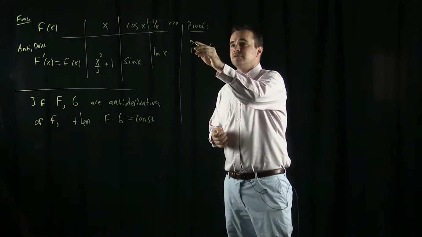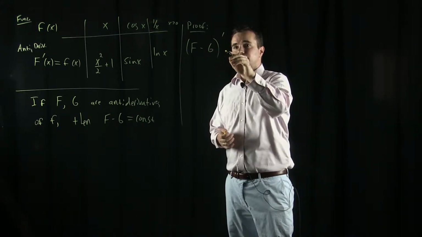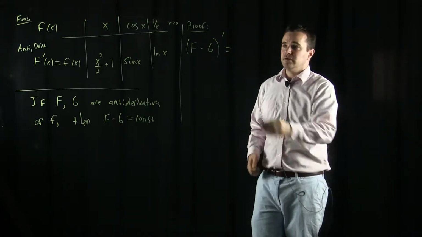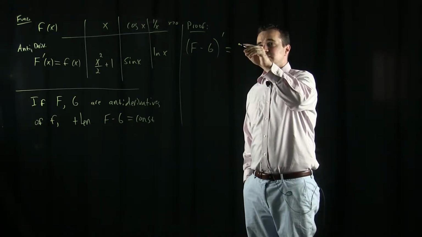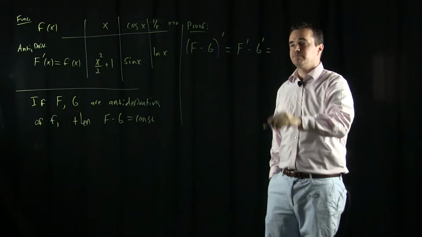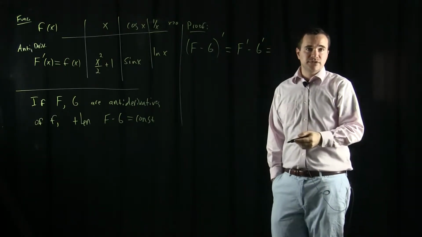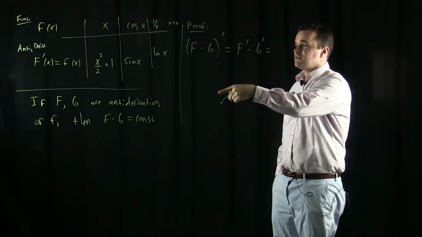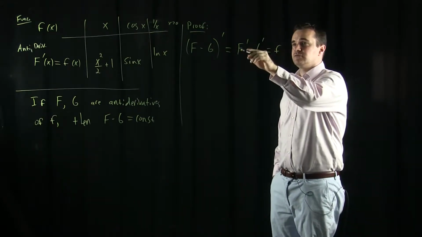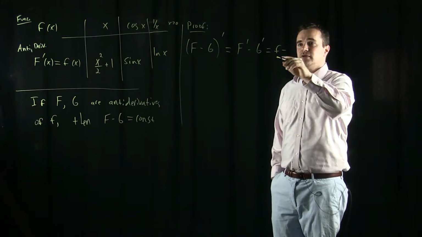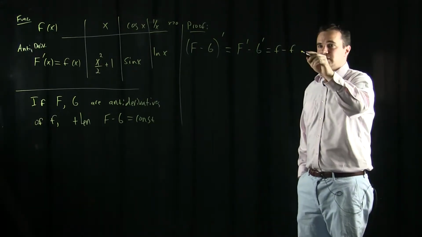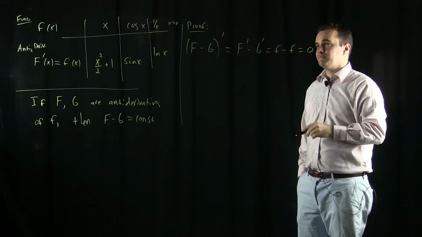Let's take the derivative. Using linearity of the derivative, I can break this up over the minus sign. This is equal to the derivative of capital F minus the derivative of capital G. My assumption is that these are antiderivatives for the same function f, so the derivative of capital F is little f, the derivative of capital G is little f. Subtract them, you get 0.